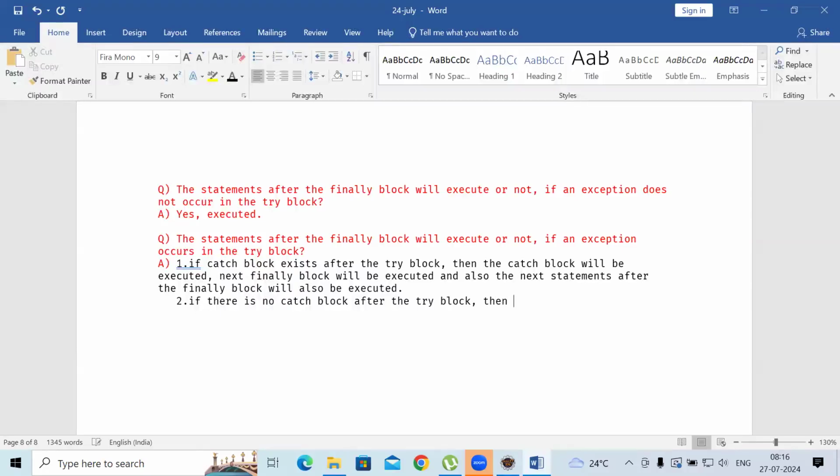Then the finally block will be executed, but the next statements after the finally block will not be executed.